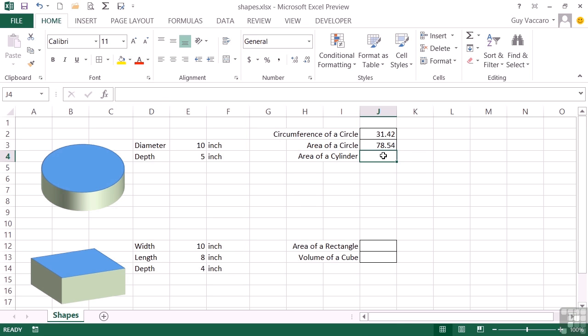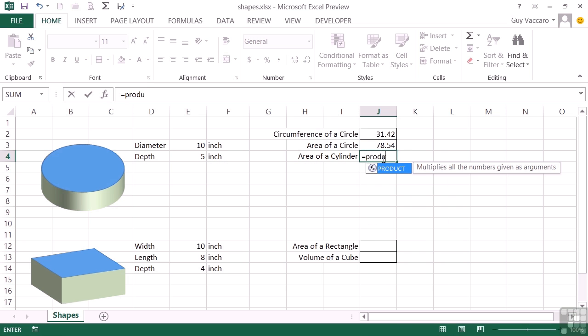Now the volume of the cylinder is simply the area of the circle multiplied by the depth. So we could take the result of that cell and multiply it by the depth. 392.6991. Now when you're starting to multiply cells together, it could be worth using the product formula, which is equals PRODUCT, open brackets, and that way you can simply define a cell, comma, a second cell, and if required, comma, a third, comma, a fourth.